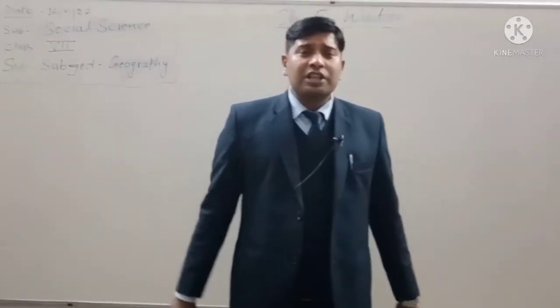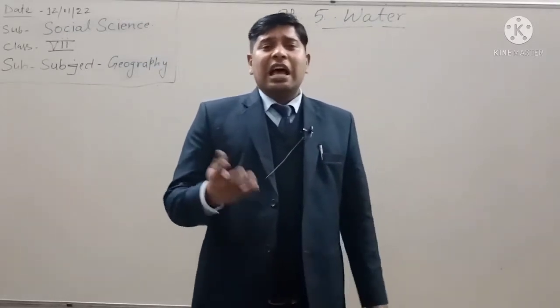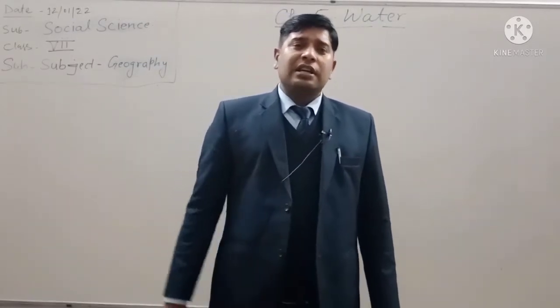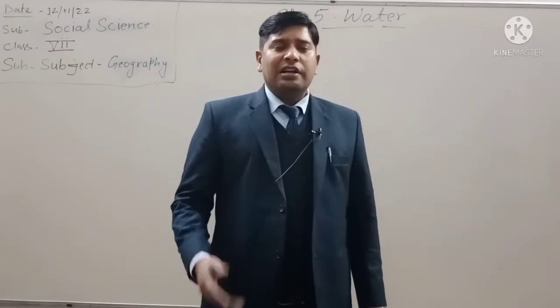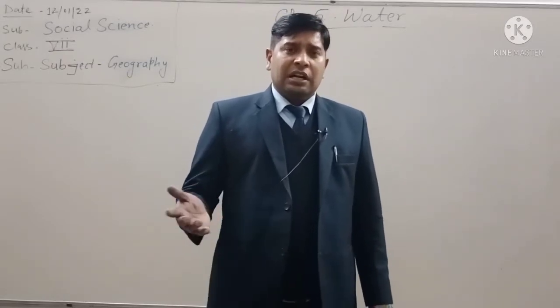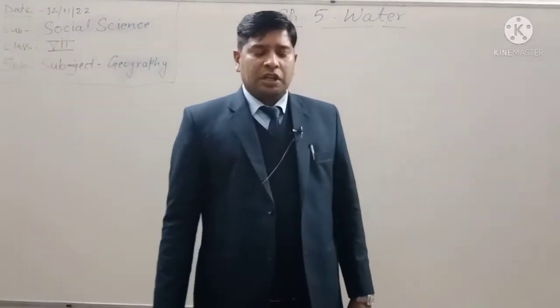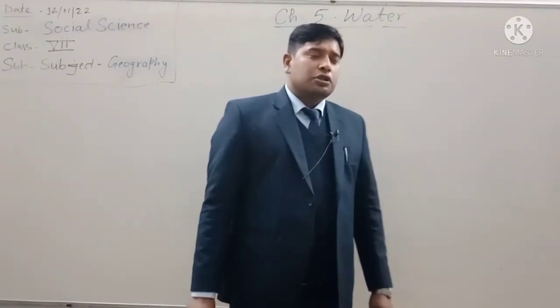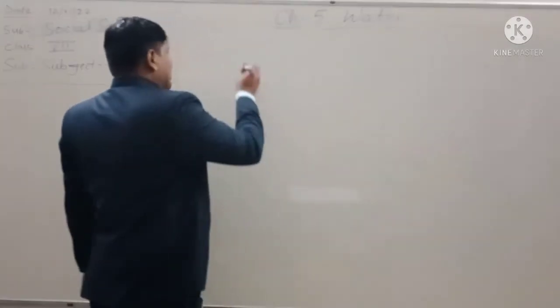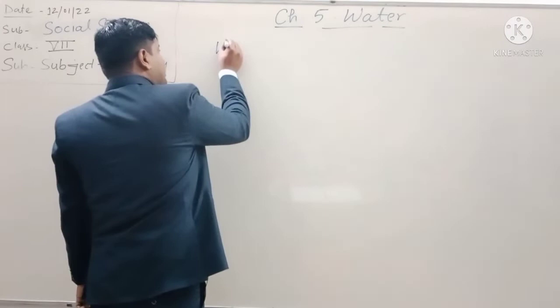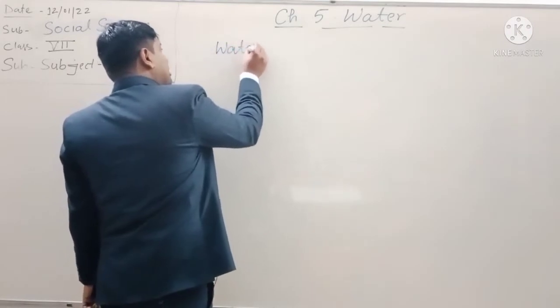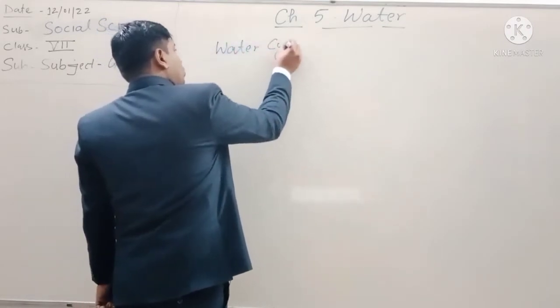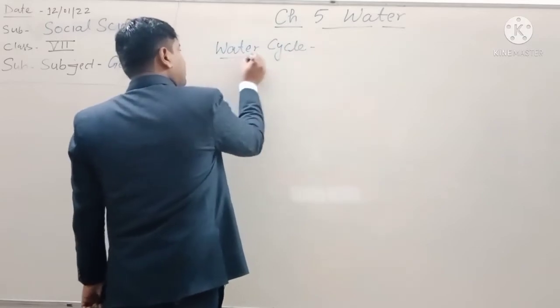In ocean circulation, we will discuss waves, tides, and at last ocean currents. So we are going to start the first topic of this chapter, that is the water cycle.